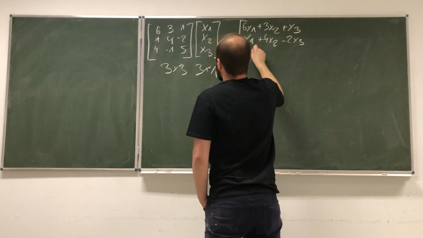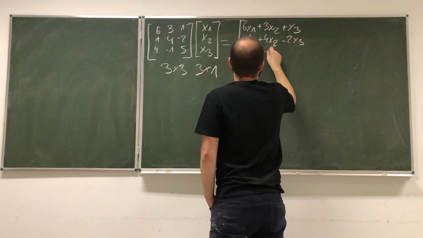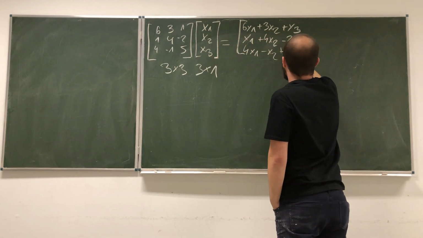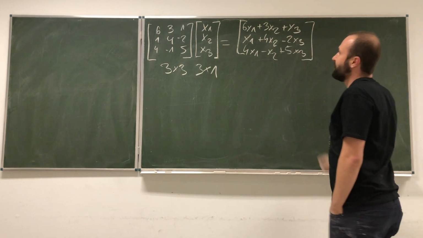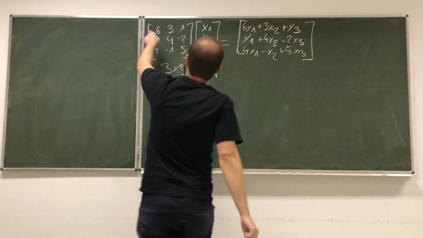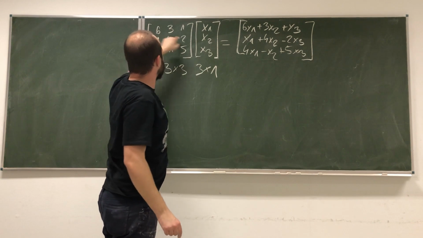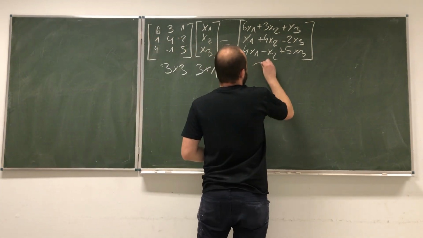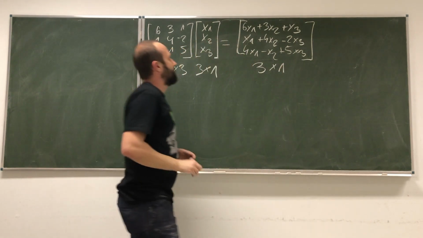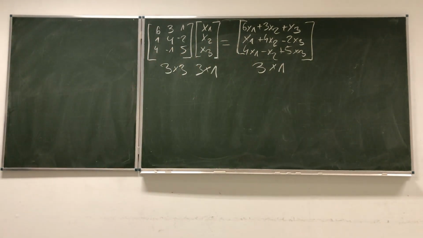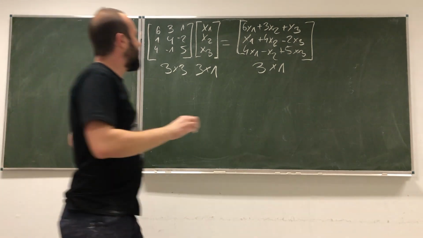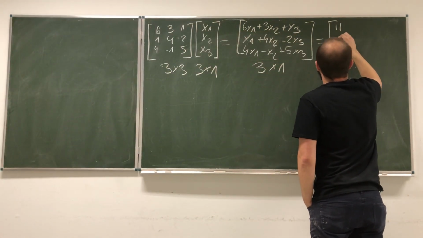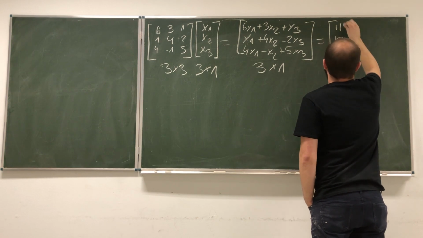Then I got 4x1 minus x2 plus 5x3, right? All I did is I multiplied each row by the full column, because this is the only thing I could do. And look, of course I get a vector 3 by 1. And now look, let's just say that I would equalize this vector with some numbers.